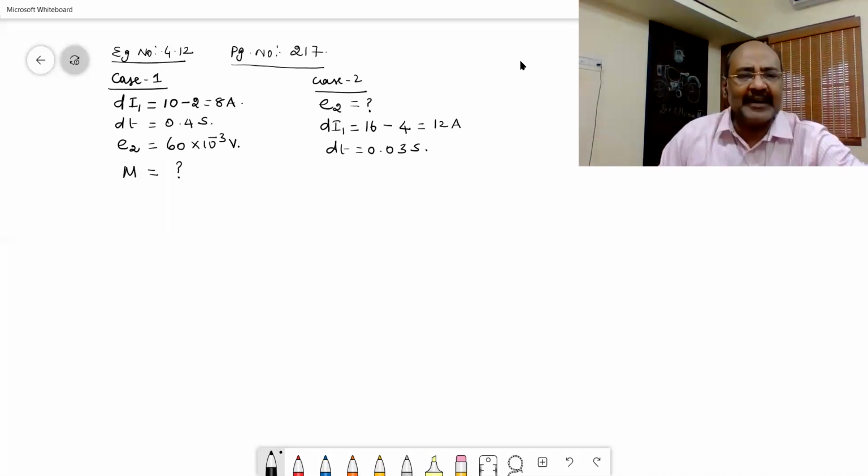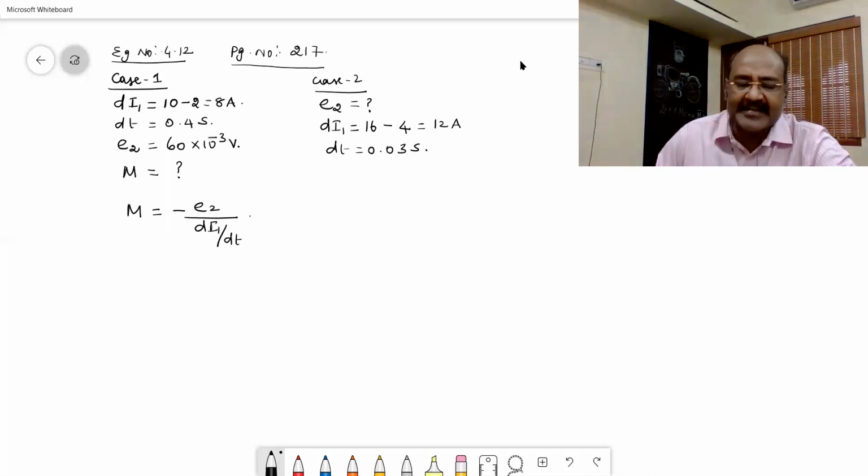See, first of all, I am considering the mutual inductance. The mutual inductance M, I can write the formula like this, M is equal to minus E2 divided by dI1 divided by dt.